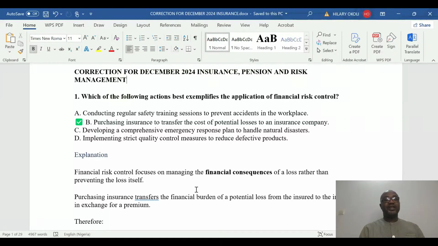A little explanation to bring a clearer understanding why B is the best option. Recall that financial risk control focuses on managing the financial consequences of a loss rather than preventing the loss itself. Note that again and repeat that financial risk control focuses on managing the financial consequences, rather than preventing the loss itself.